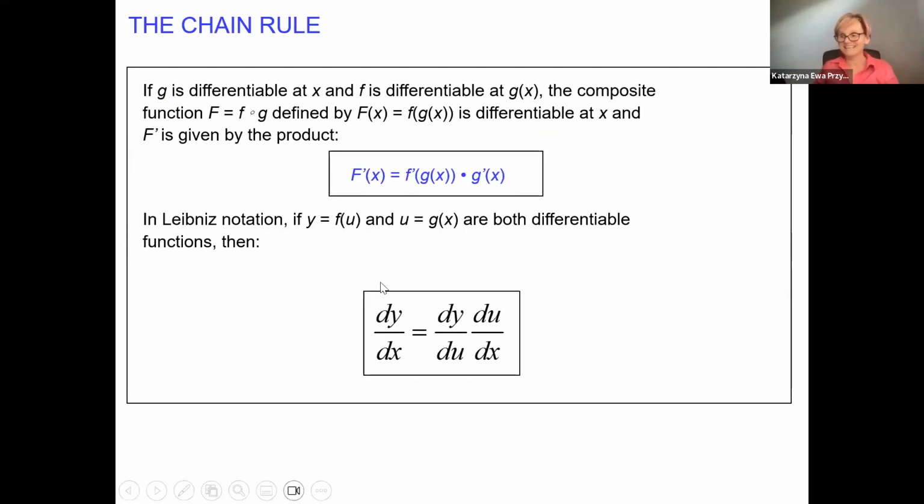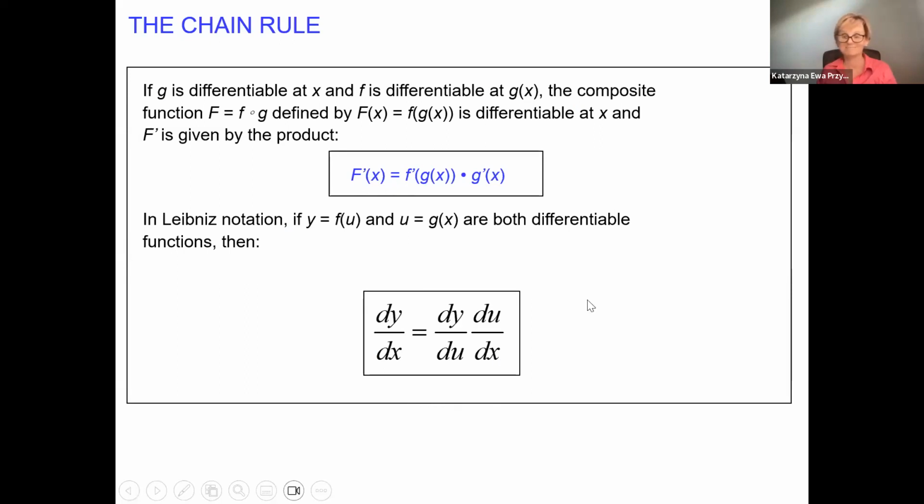I type this: the derivative of f of g is f prime times g prime, but f depends on g. Or if we like, we can use the Leibniz notation. The derivative dy dx, the derivative of y with respect to x, is the derivative of y with respect to u, where u is the inner function, times the derivative of the inner function u with respect to x.